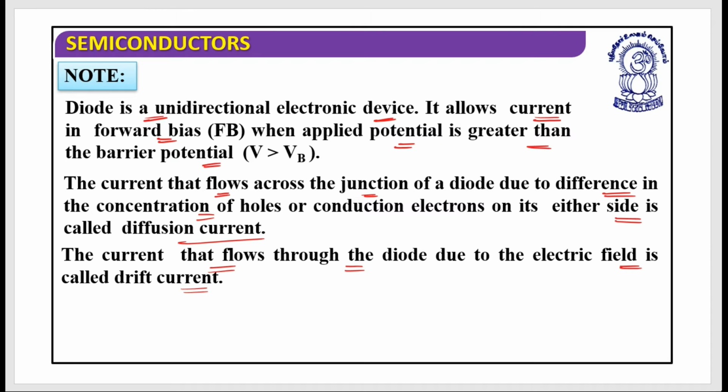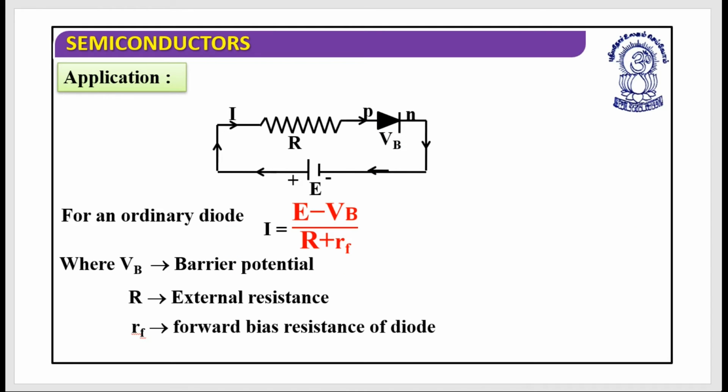Yes. So let's look at the application of a diode. Here is a battery, and this battery has been connected with a resistance R and a PN junction diode. As you can see, the p-type material has been connected with the positive terminal of the battery, and the n-type material with the negative terminal.